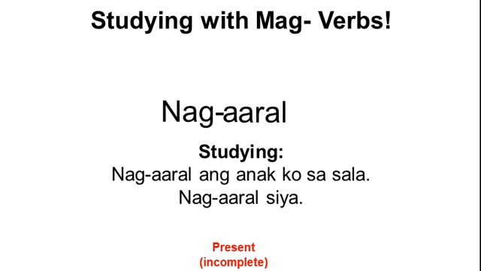Studying. We're doing it now. Okay? Nag-aaral ang anak ko sa sala. Studying the child of me in sala. That's living room. Okay? So, my child is studying in the living room.